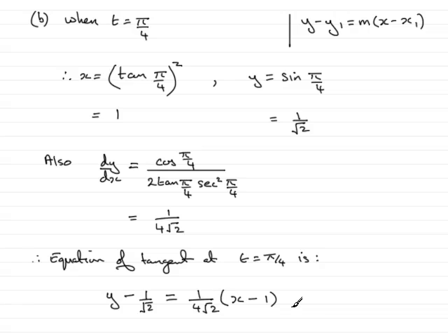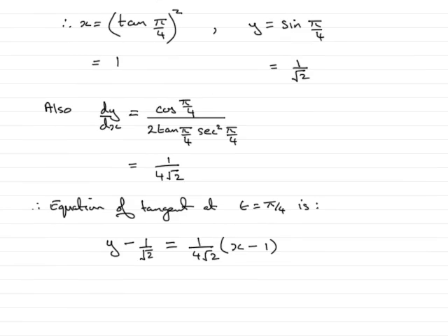Now we were asked to put the equation of the tangent in the form y equals ax plus b, stating the values of a and b. So in other words, what I want to do is remove this minus 1 over root 2. So I'm going to add 1 over root 2 to both sides, and at the same time expand this bracket.